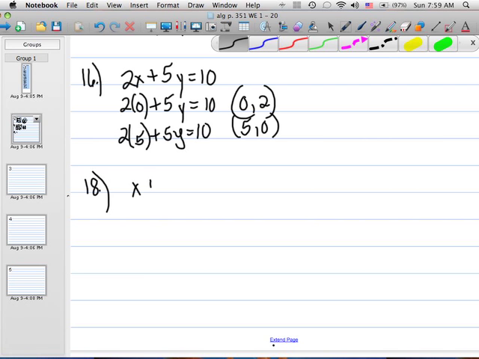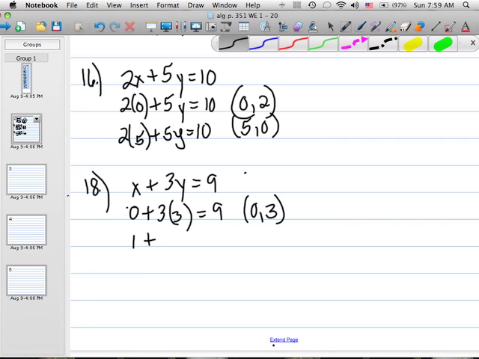We have x plus 3y equals 9. So again, let's start out with letting x be 0. 0 plus 3 times what would equal 9? Well, we know 0 and 3 would work. 1, I would need an 8. If I had 1 there, I would need to have this 8.